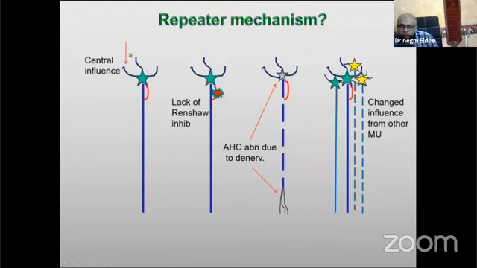If we have hyperexcitability with increased central influence or less inhibition, it may be that we produce extra F waves. If we have a problem with the Renshaw inhibition that is regulating the firing rate of the neuron, which we have in certain intoxications, and we can also have that in certain neuropathies, we may have extra discharges.